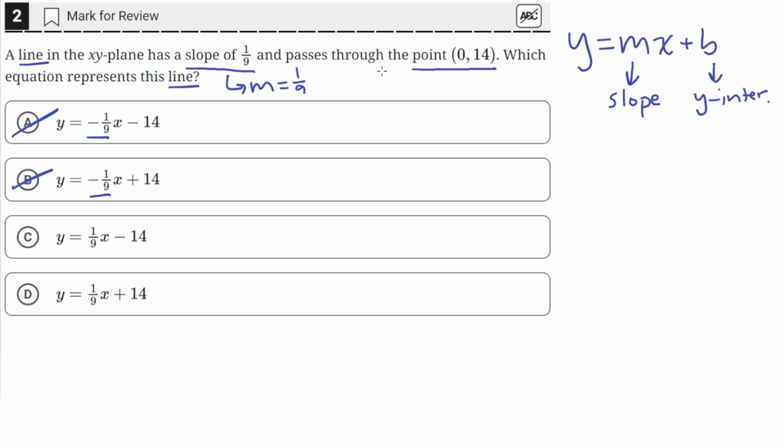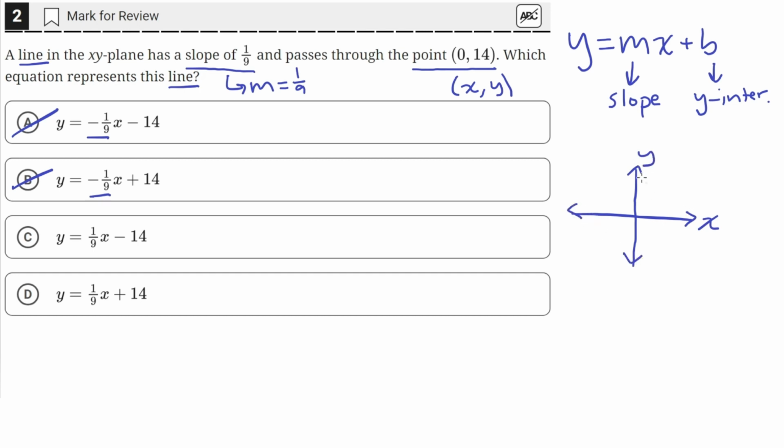The problem statement also tells us that it passes through the point (0, 14). Now, (0, 14) has an x-coordinate of 0, which means that this point lies on the y-axis. If we draw this here, we have x and y axes.